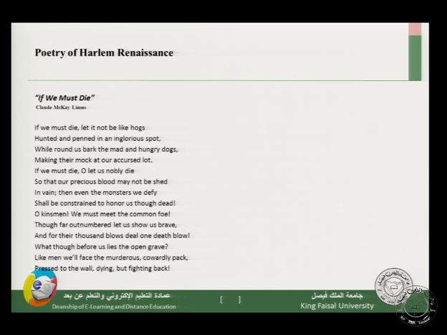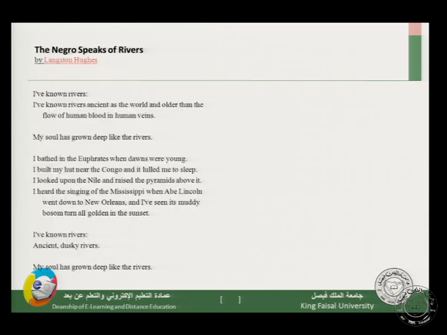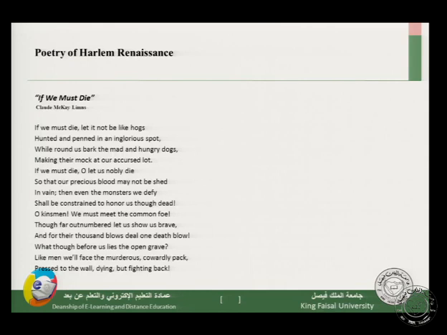And next we have examples of poetry from the Harlem Renaissance. You need to read these poems and find out the rhyme, rhythm, figures of speech. Of course, the situation, what these poems are about.